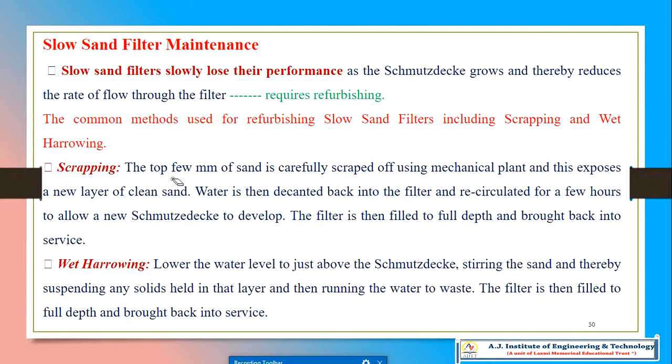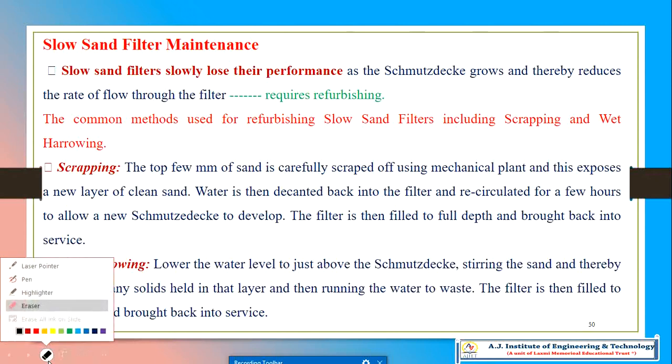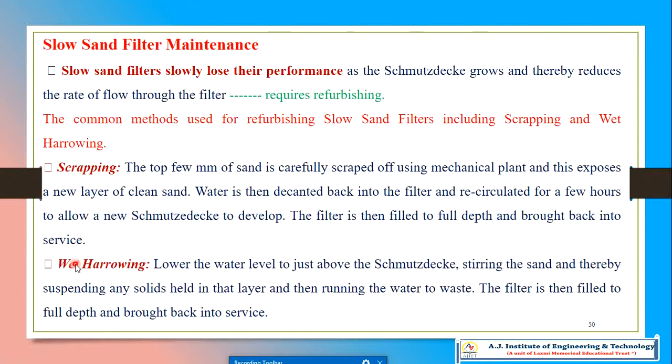Scraping. What is scraping? Scraping is nothing but the top few centimeters of the sand being carefully scraped off using mechanical equipment, and this is exposed to a new layer of clean sand.